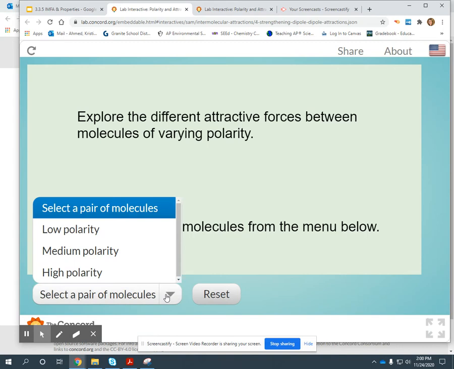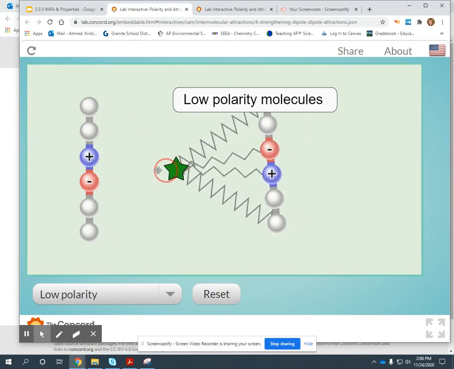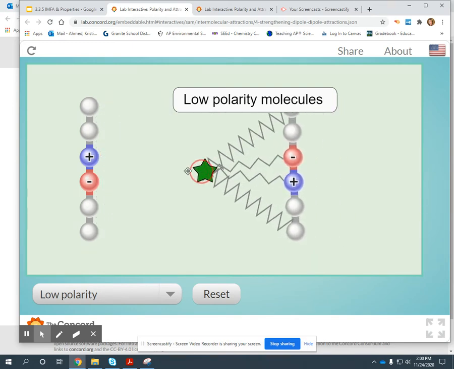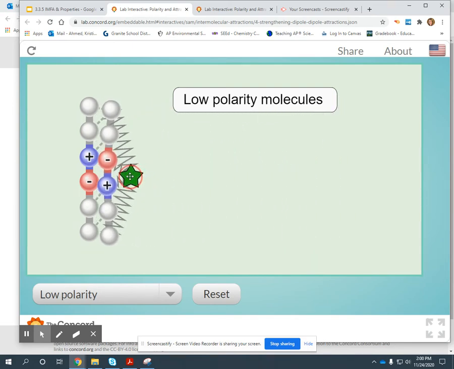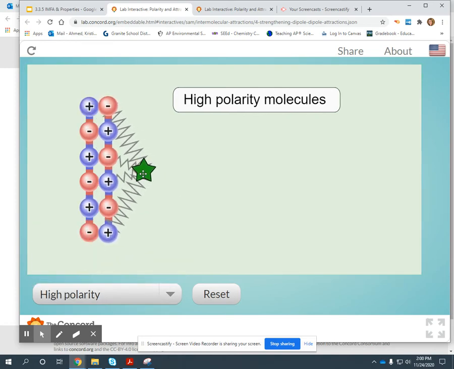If we compare a low polarity molecule, so here's a molecule that's polar, but it has a low polarity, you can see that it takes some energy to remove it. If I pull this star, that takes a little bit of energy, but it's not a lot of energy. Now let's compare that to a high polarity compound where we have lots of partial positive and negative charges. This is a molecule that's very, very polar, like water, like ammonia, and like hydrogen fluoride.